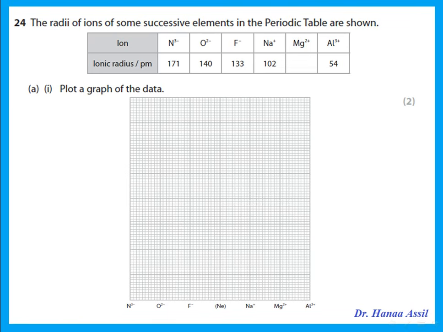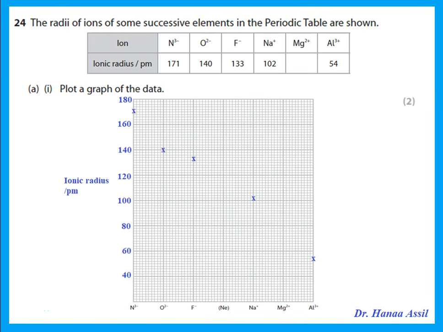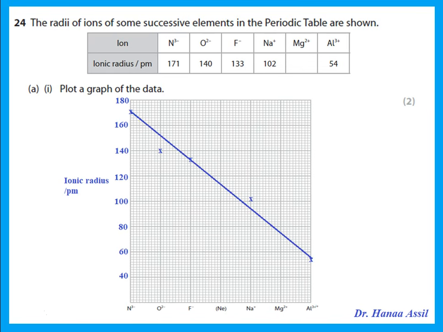We want ionic radius in pm, and the numbers go up to 170 something, so you can distribute the numbers like this, plot with small x's, and join with a line of best fit. So this would be a typical graph.